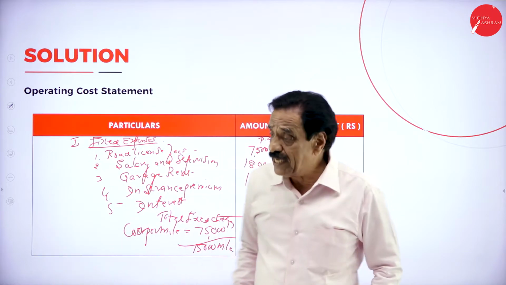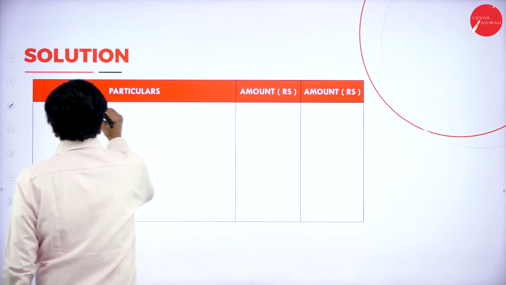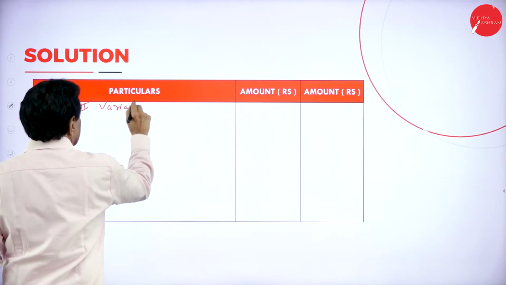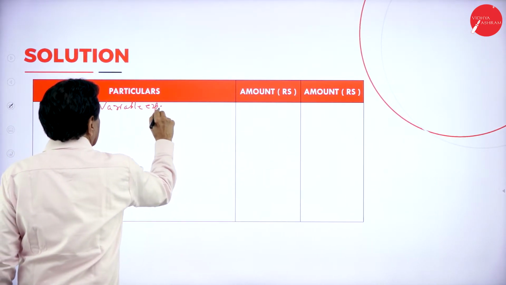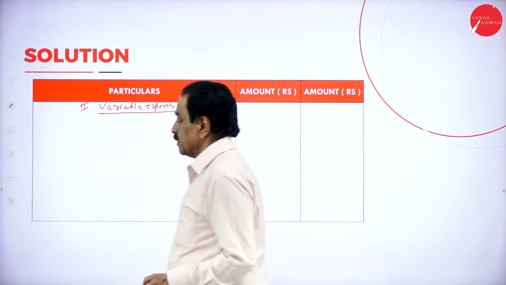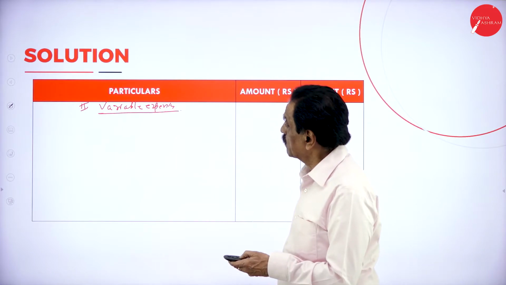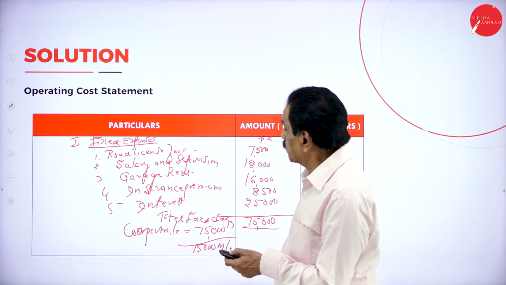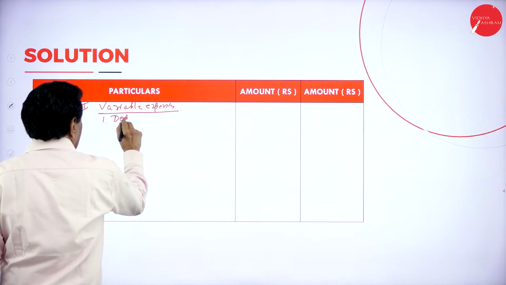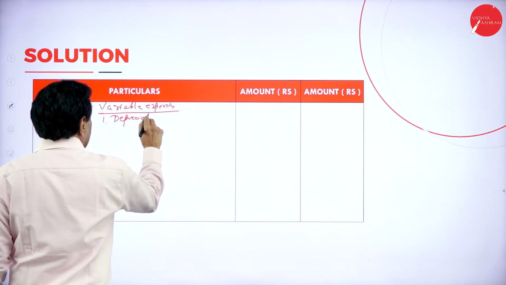So we can take number 2, variable expenses. First, number 1, depreciation, already calculated per annum.